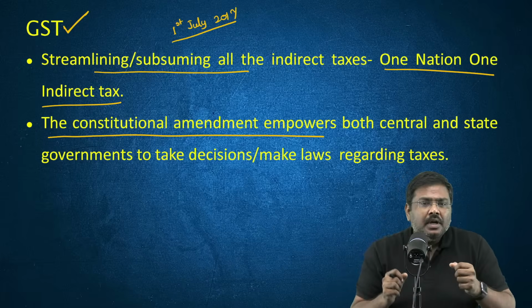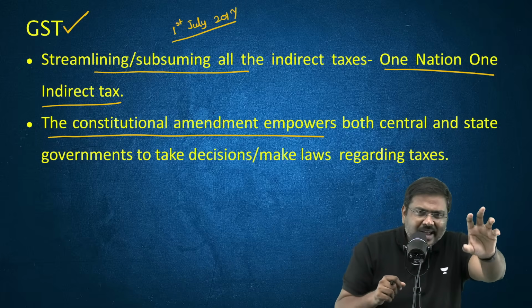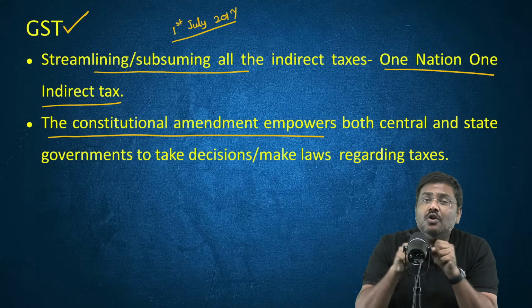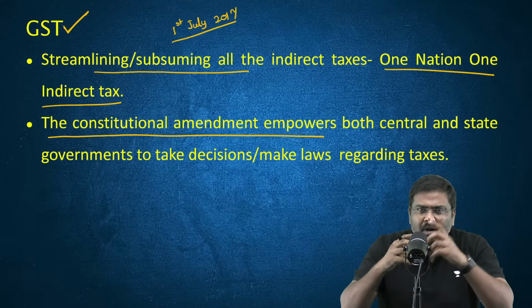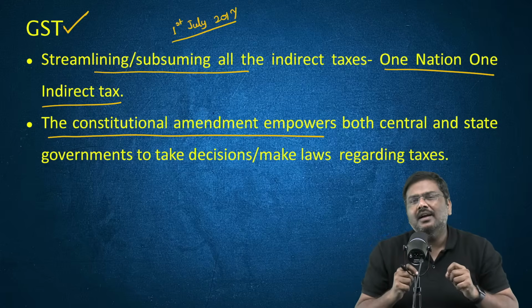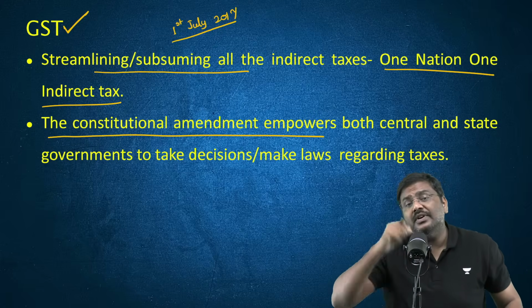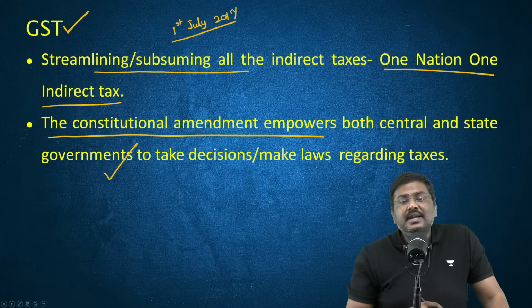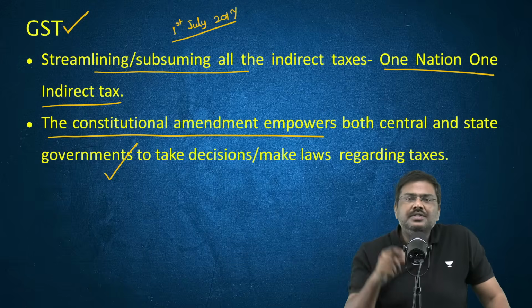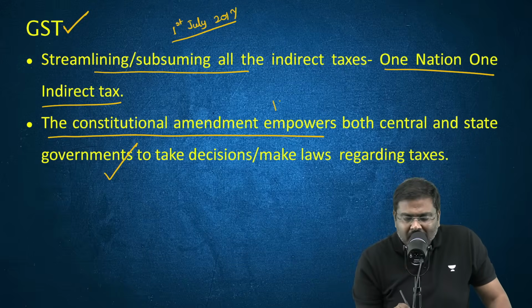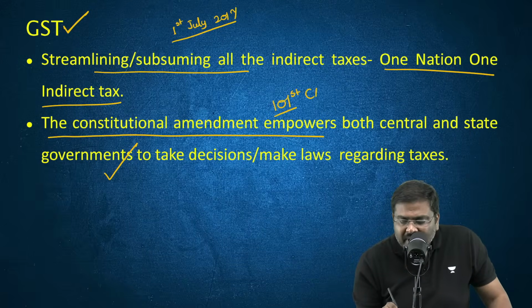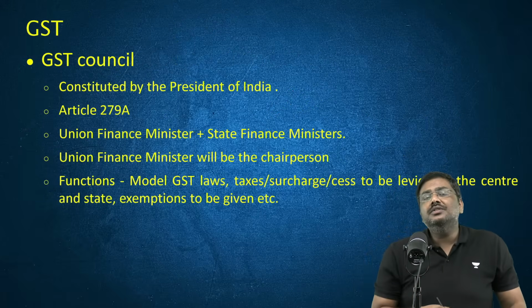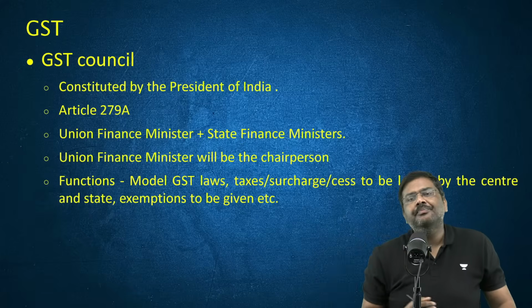Now imagine you are taking certain indirect taxation powers of the central government and of the state government, subsuming all of them into one tax. Don't you think you need to amend the constitution first? So the constitution was amended. The 101st Constitutional Amendment Act was passed basically to make changes in the constitution and then bring in the GST.